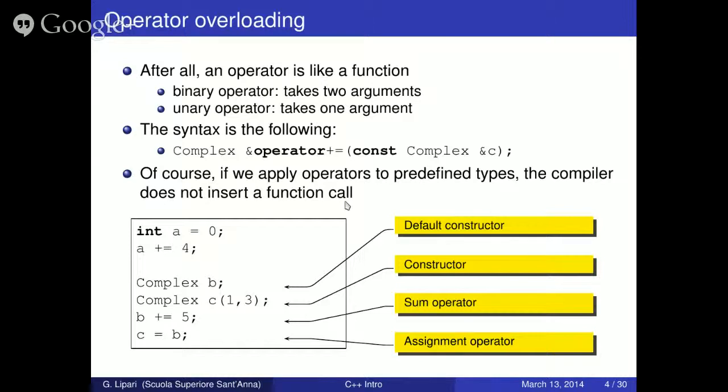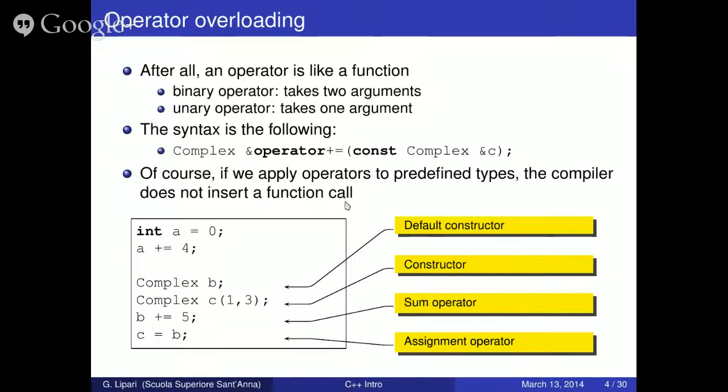And so, for example, suppose you have your own class complex, which represents a complex data structure, and you want to overload the meaning of plus equal for this class, then you define an operator that takes two arguments, the object itself, the complex you want to sum to your object, and returns a new object of type complex.